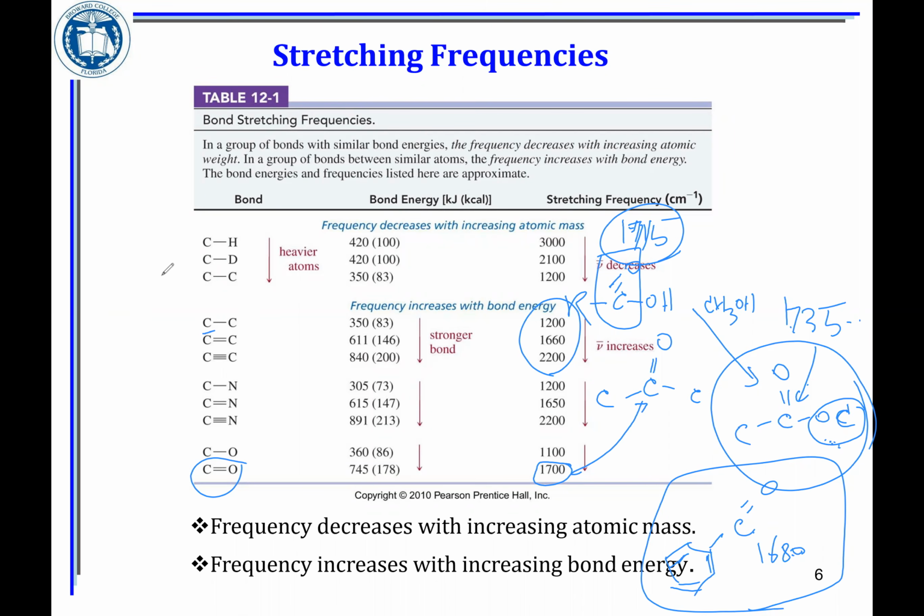Like a CC double bond for butene, let's say that is at 1660, but in a benzene ring, because that CC double bond is conjugated with something else, it is not 1660, and that could be at 1600. So conjugation lowers that number, and an electron withdrawing group would increase the number.